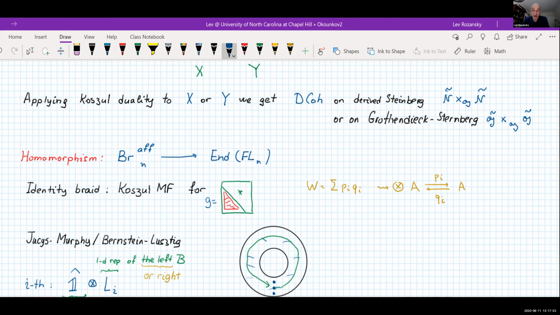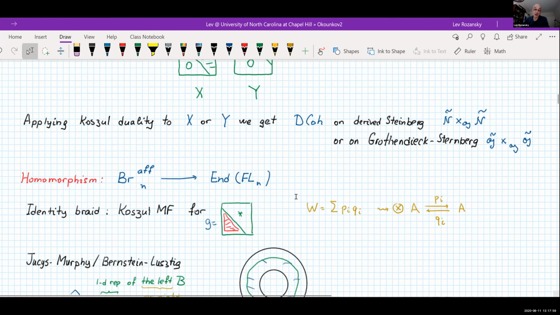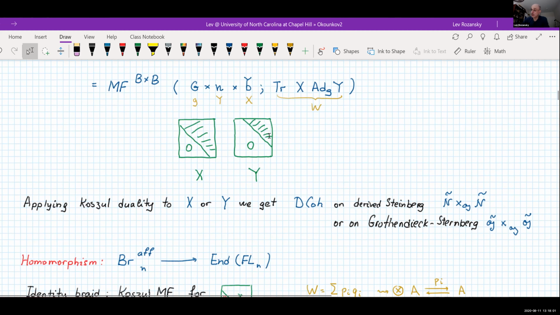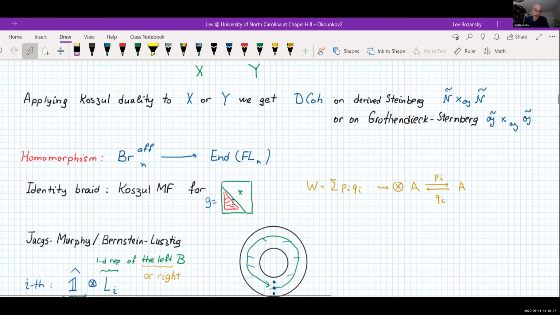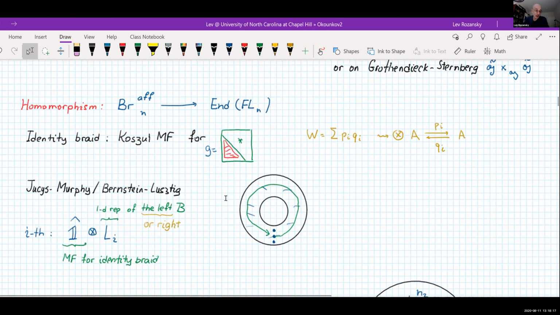And the superpotential becomes zero if the red triangle is zero, because you conjugate strictly upper triangular Y, it remains strictly upper triangular, so its trace with triangular is zero. And these matrix elements form regular sequence, so we just write the corresponding matrix factorization. That's the identity braid. That's the easy one.